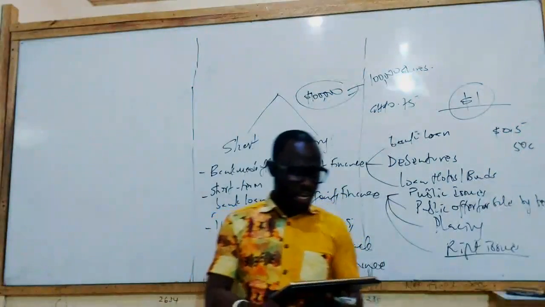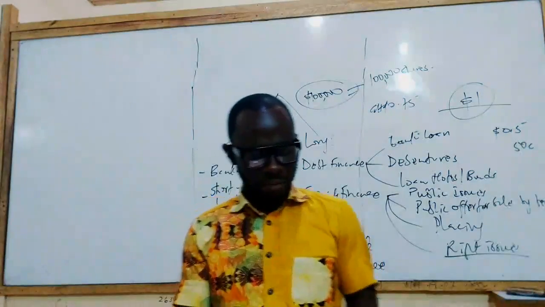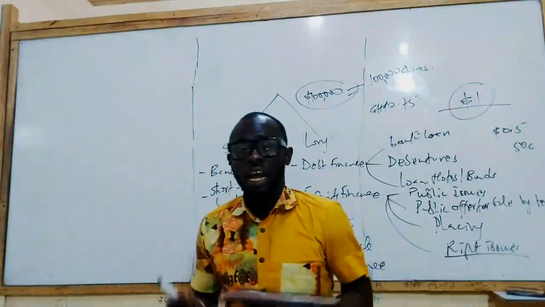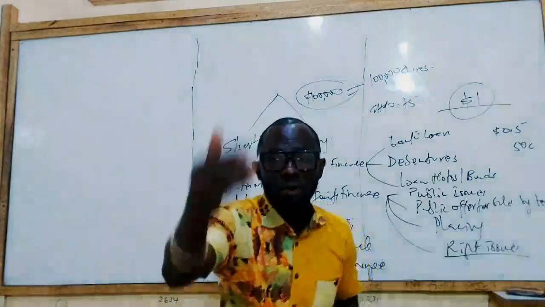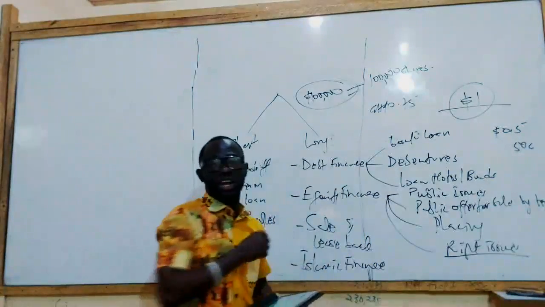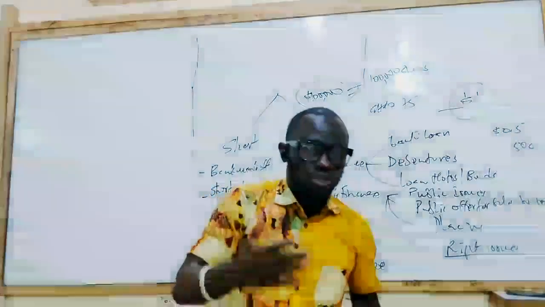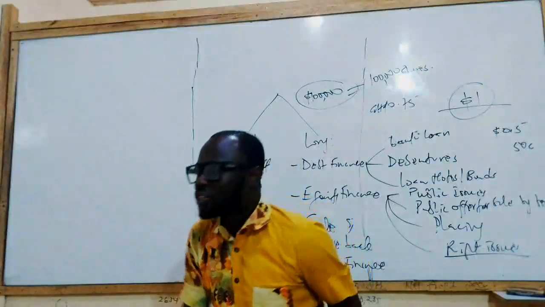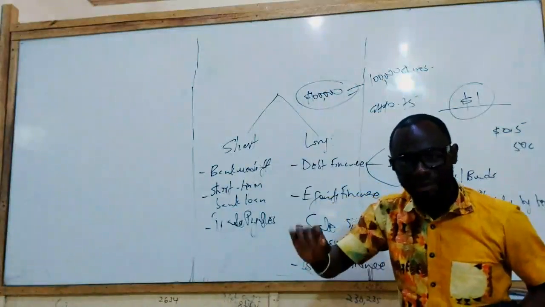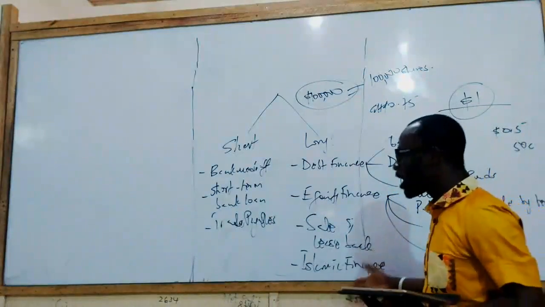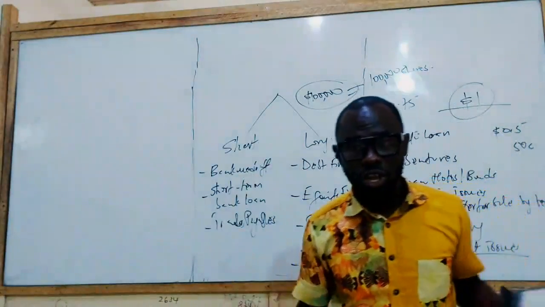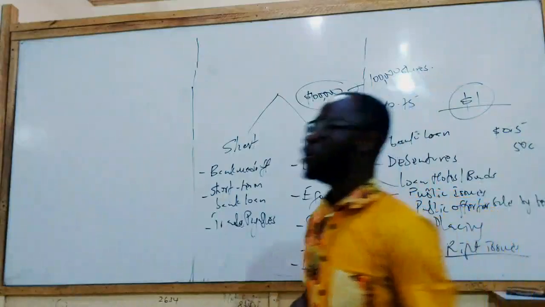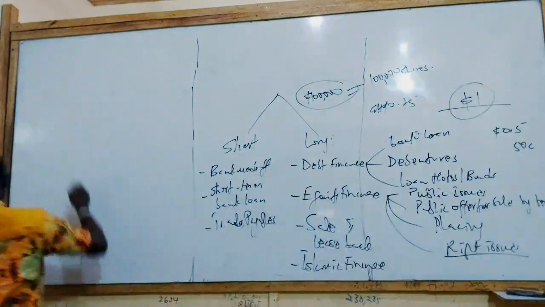So let's look at some Islamic financial instruments. Like I said, you have to be aware of these Islamic financial instruments and also understand them so you can write them out. Because the examiner can state them and say explain, or the examiner can ask you to explain 2 or 3 of them, and you should be able to go through it.